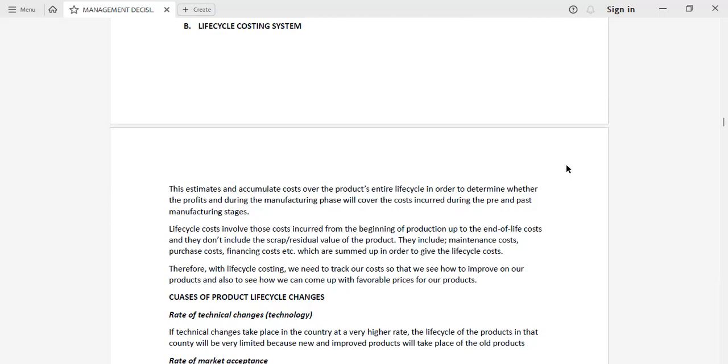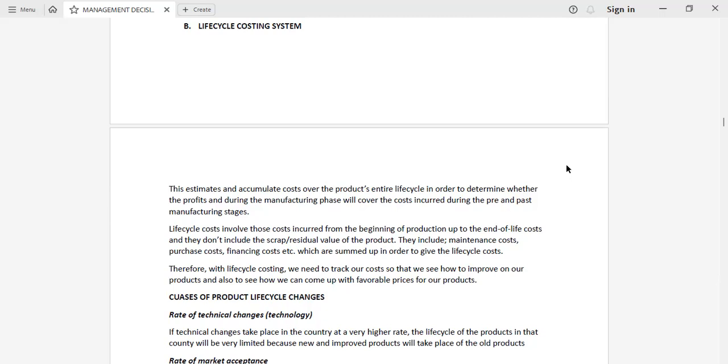So life cycle costs involve those costs incurred from the beginning of the production to the end of the production process.